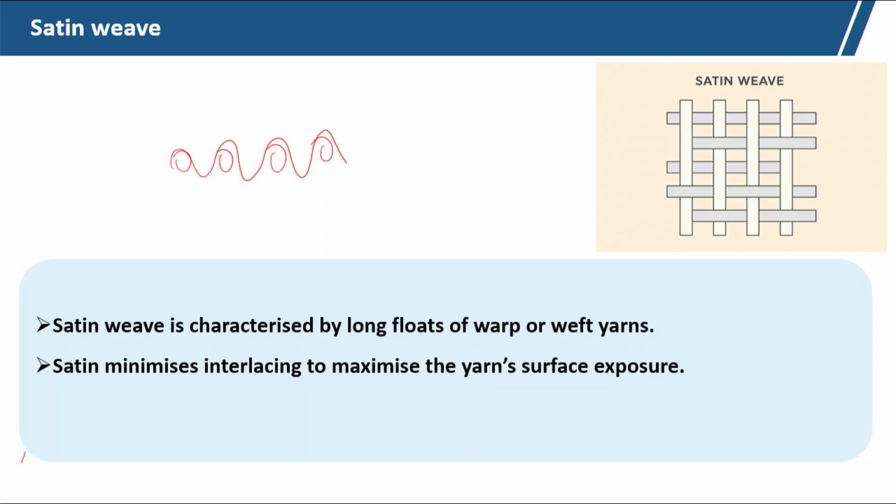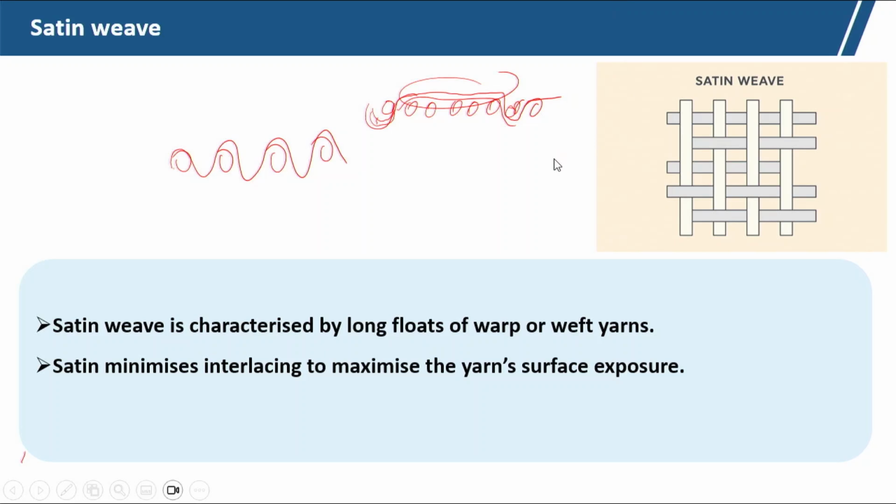But if we want the warp yarn or weft yarn to be on one surface, say the face surface, then say this is the warp yarn, and I want the weft yarn to be on the face in a particular color. This type of design we can create, so that most of the warp yarns or weft yarns are on one surface.